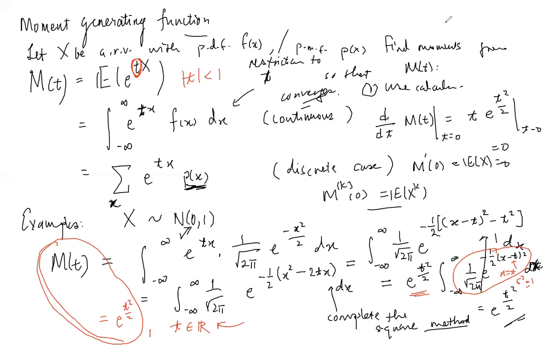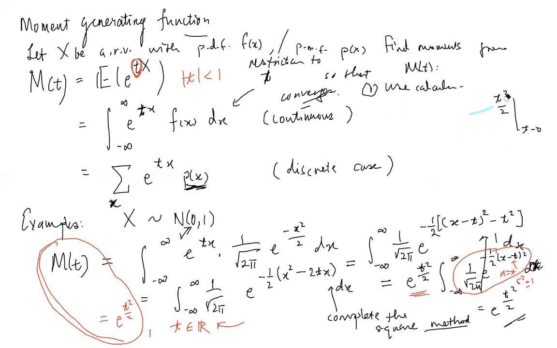The other way is to use a power series, an infinite series method, a Taylor series expansion. So you have e^{t^2/2}.